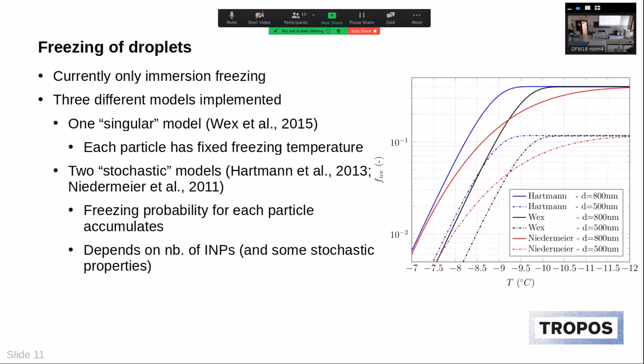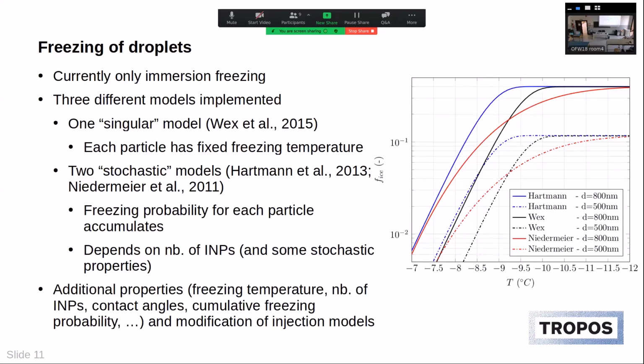You can see the behavior of these models here on the right-hand side. At the bottom, you see the temperature in degrees centigrade, and on the y-axis, you can see the ice fraction at the different temperatures. The solid lines are for 800 nanometer particles, and the dash-dotted lines are for 500 nanometer particles, which shows that, for example, smaller particles have fewer INPs and freeze at lower temperatures.